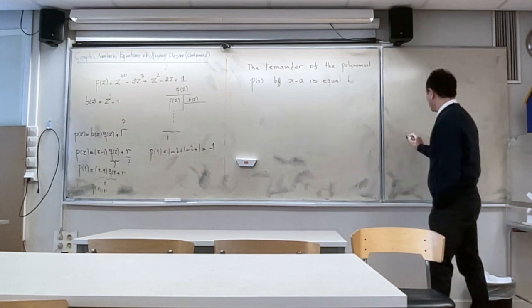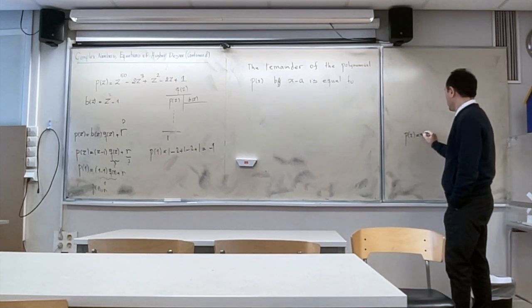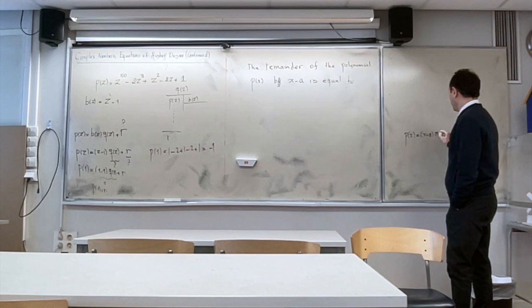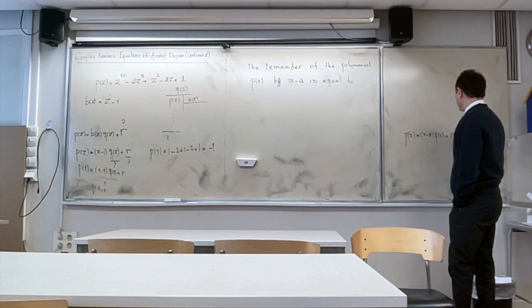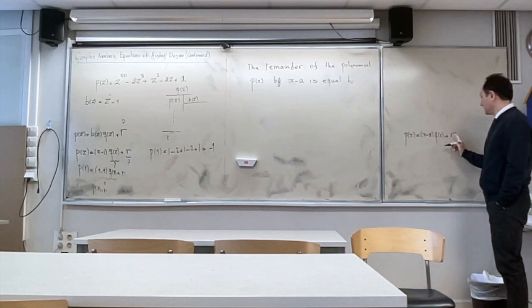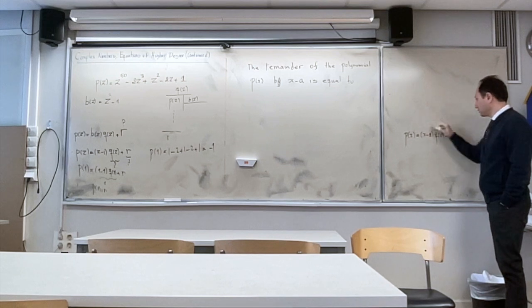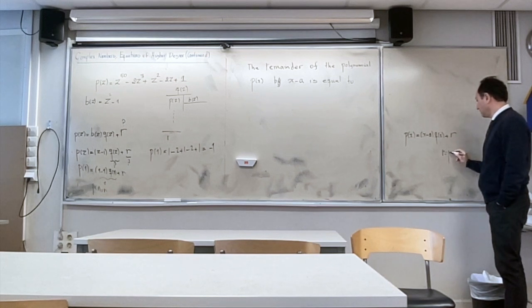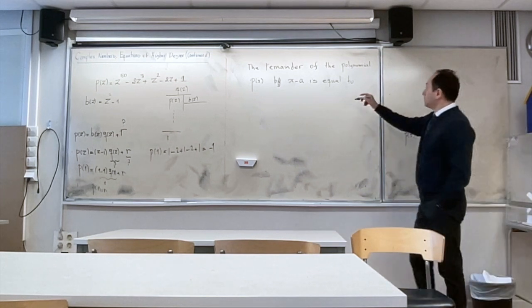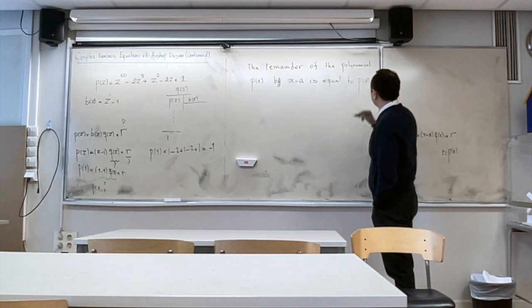You see, you divide P of x by x minus a, you have a quotient and you have a remainder, but the remainder is this constant number here. So how can I find the remainder? I have to put x in a way that I can get rid of it. What x is suitable? A. So R is P of A.